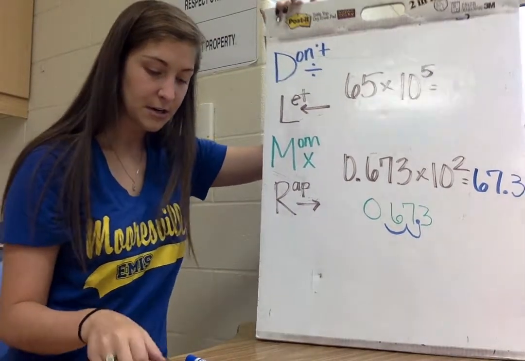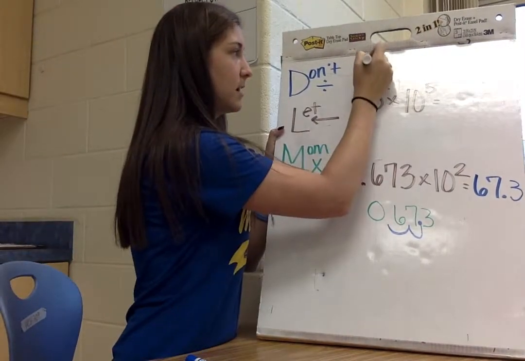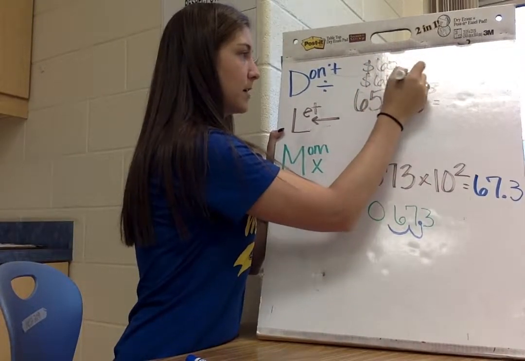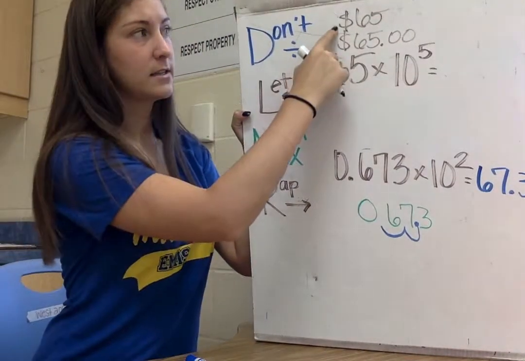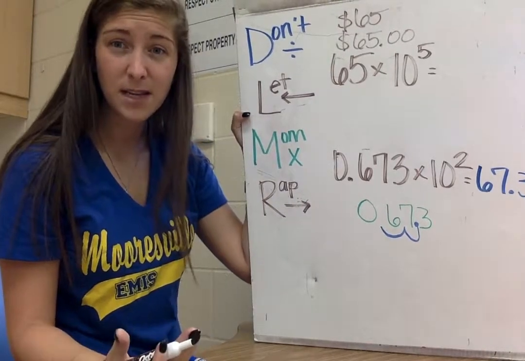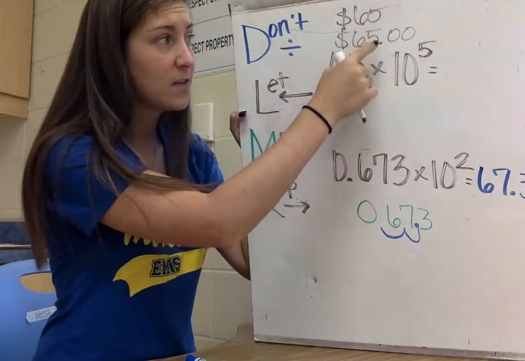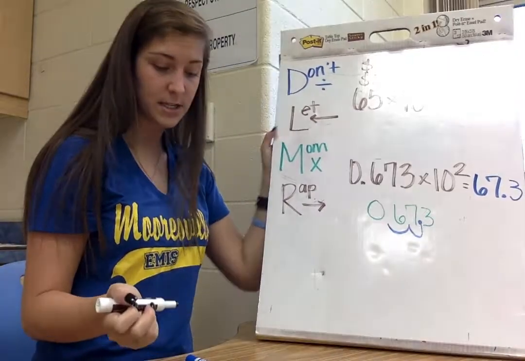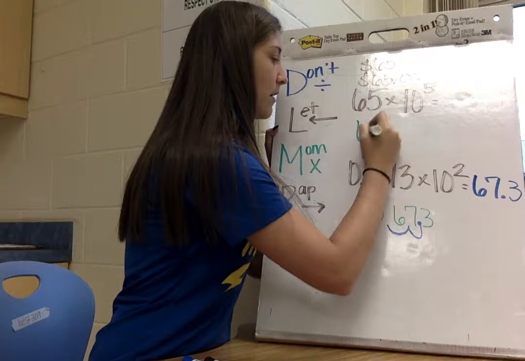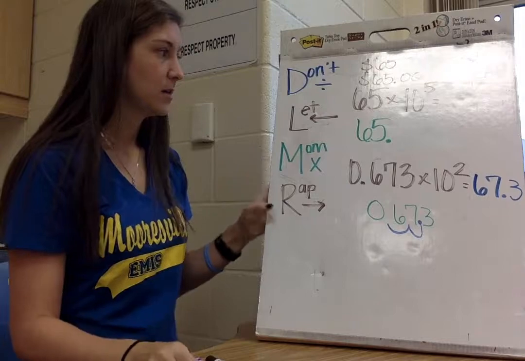The way I talked about that with my students is I said, if you had $65 and $65.00, are they both the same? They're worth the same value. Those zeros don't have any value, so it doesn't change it. Therefore, at the end of every whole number, there's an invisible decimal point that you just can't see. So with my green marker, I'm going to rewrite 65 and stick my invisible decimal point right there on the end.